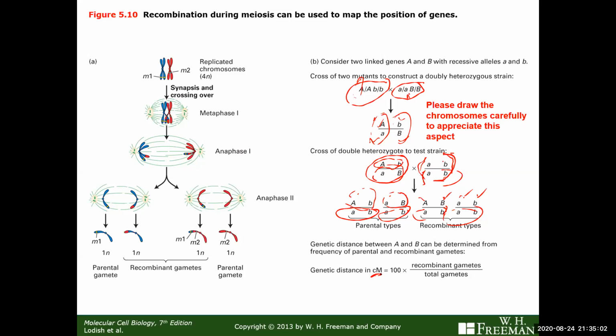I cannot pronounce his name right. So in reverence to his mentor, when Sturtevant standardized this recombination frequency based genetic distancing method, he named the unit in honor of his mentor, Thomas Hunt Morgan, and it's called centimorgan.